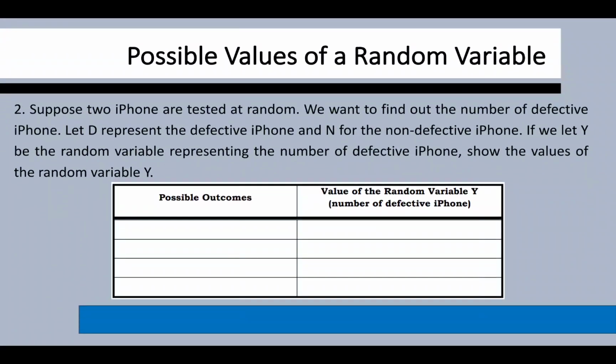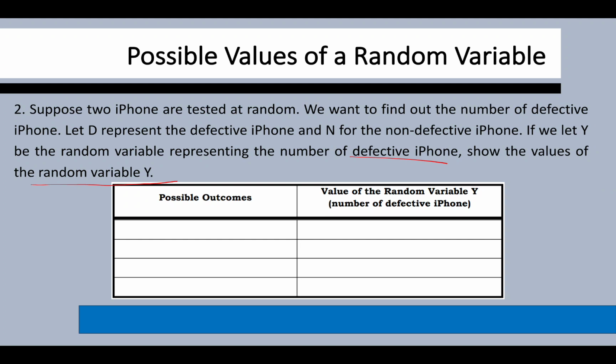Let's have another example. Suppose two iPhones are tested at random. We want to find out the number of defective iPhones. So our goal is to count the defective iPhones, and our random variable Y will be about the defective iPhones. Let D represent the defective iPhone and N the non-defective iPhone.